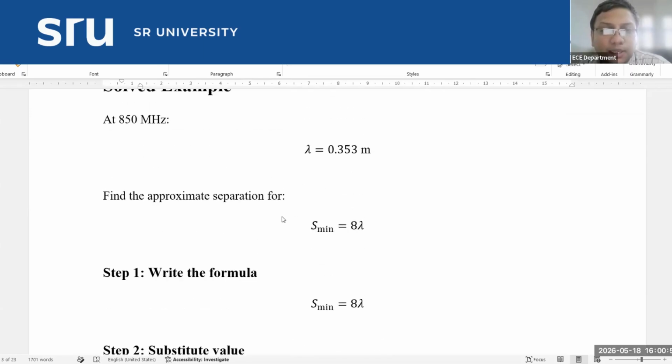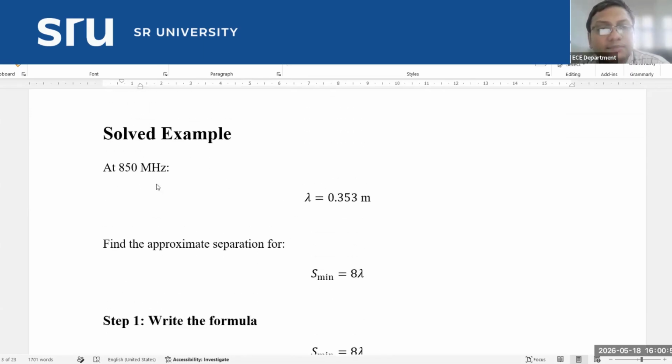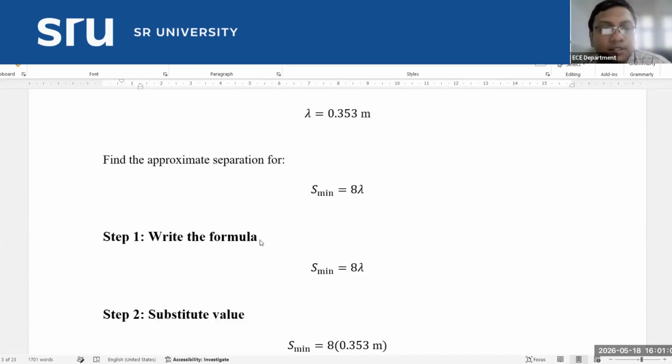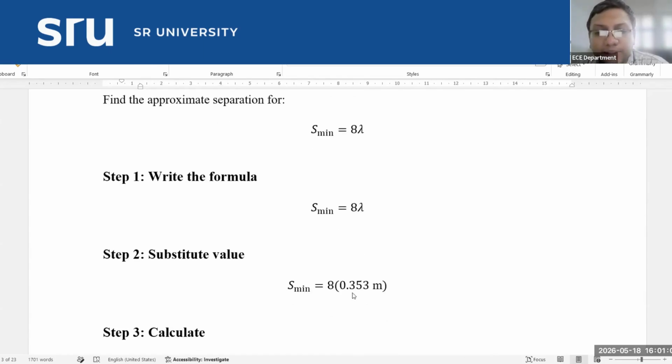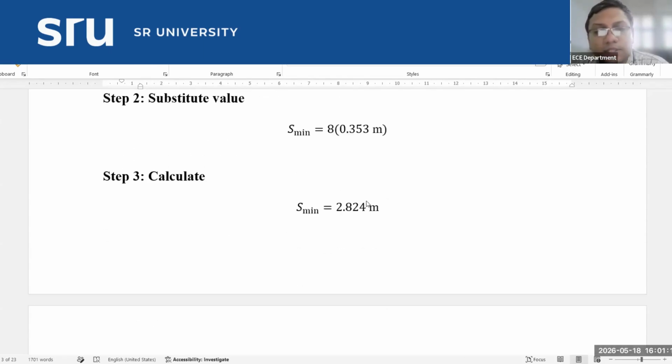So suppose the question is, at 850 megahertz, if lambda is 0.353 meter, then what is the approximate separation? So 8 lambda means 8 into 0.353 meter. So the answer is 2.824 meter.